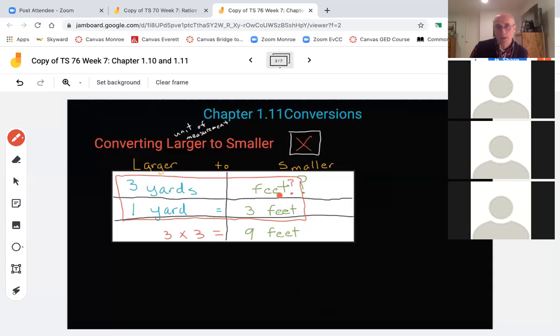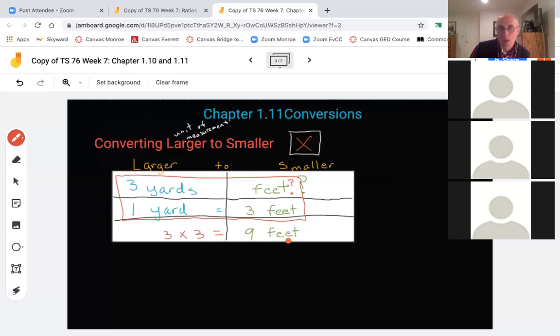We don't know how many feet it is, so that's not an option. And you don't want to multiply the 1, because anything times 1 is itself. So what's left to multiply in my little 4 square chart? I've got these 2 3s here, 3 yards and 1 yard is 3 feet. If I multiply 3 times 3, I get 9. And then the answer is 9 feet.